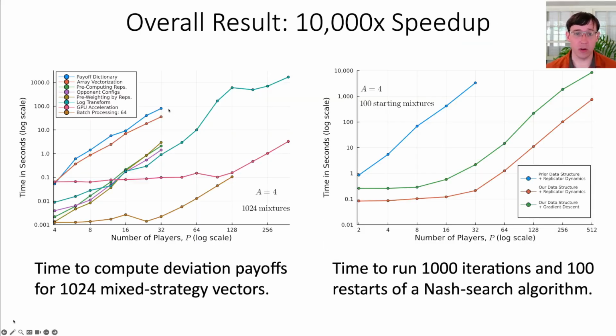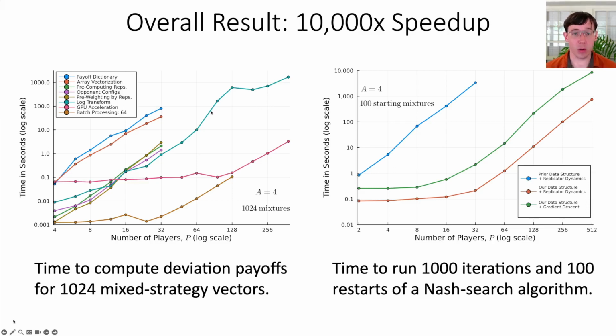The net result of all these optimizations is a roughly 10,000-fold speedup in the time to compute deviation payoffs, as well as in the time to run Nash equilibrium searches.